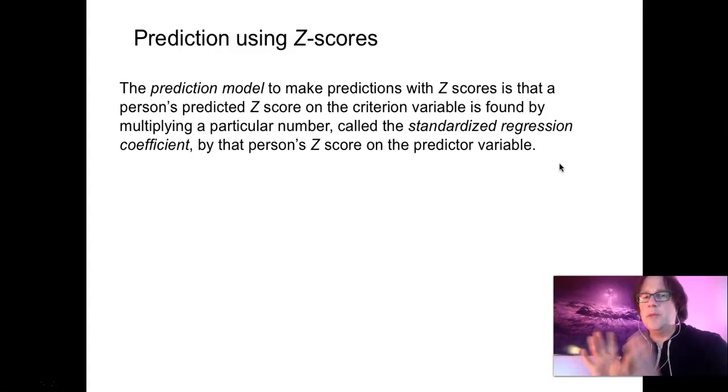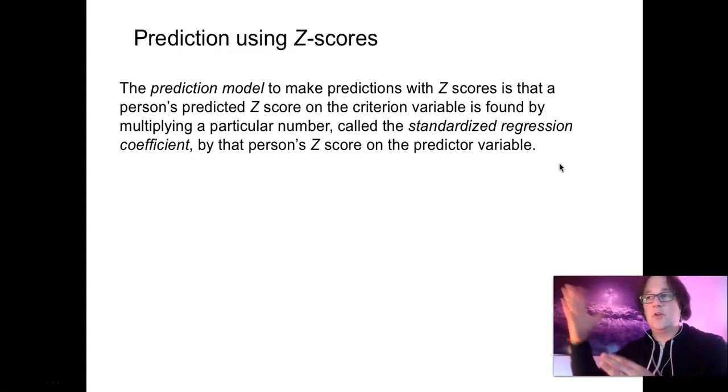It could be any variable that we're talking about, say somebody's height or weight or GPA or SAT scores or whatever it might be. When we're talking about z-scores, we're talking about this variable has been standardized, right?